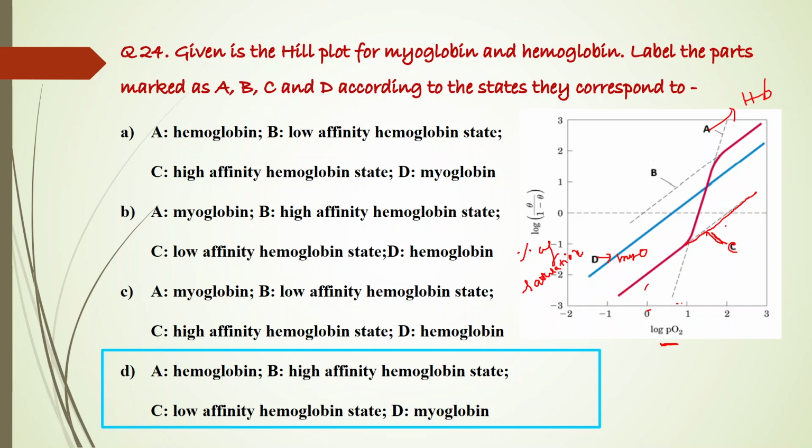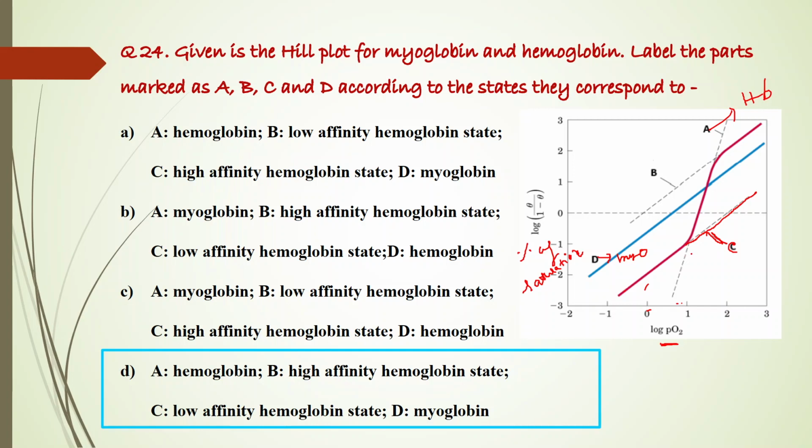That means in this condition of low pressure, hemoglobin is existing as a low affinity hemoglobin state. That means C in this low pressure region is a low affinity hemoglobin state.